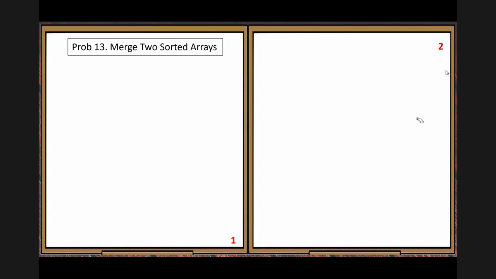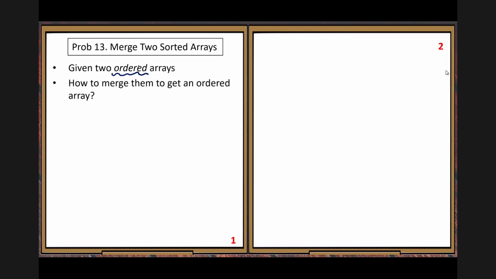So now, problem number 13. Merge two sorted arrays. A simple, basic computing problem. Let's look at the problem first. Given two ordered arrays. Remember the important information here: ordered arrays, a good property we can take advantage of.